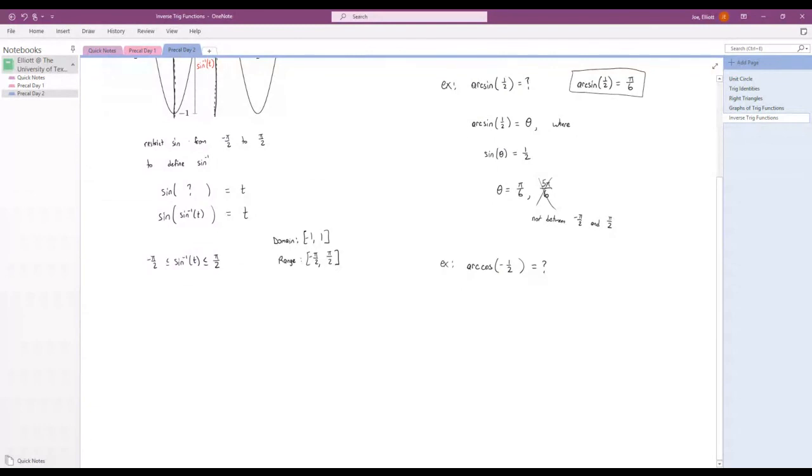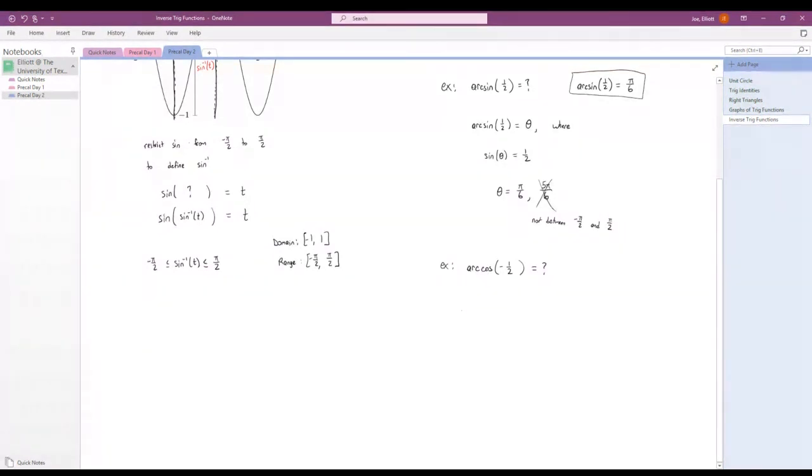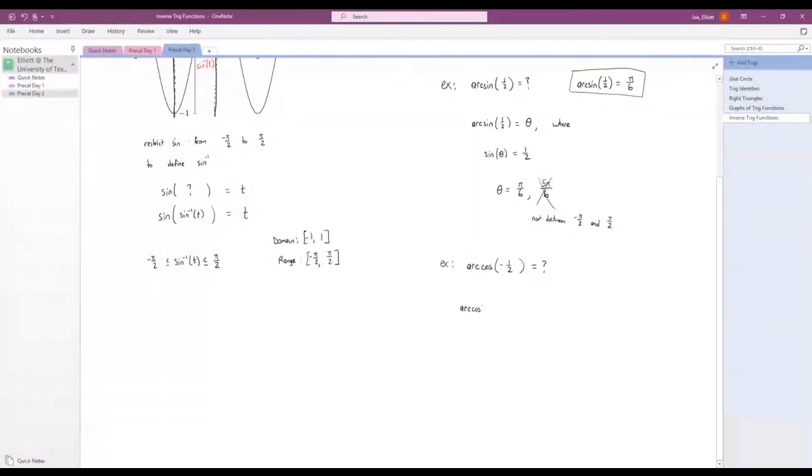Again, the way that I usually think about it is that the inverse trig functions return an angle. So arc cosine of negative 1/2 is an angle theta that needs to satisfy cosine of theta equals negative 1/2. And then there's a restriction on this angle as well.